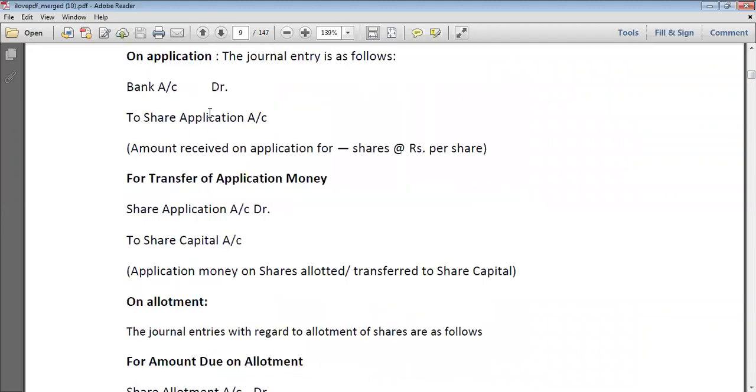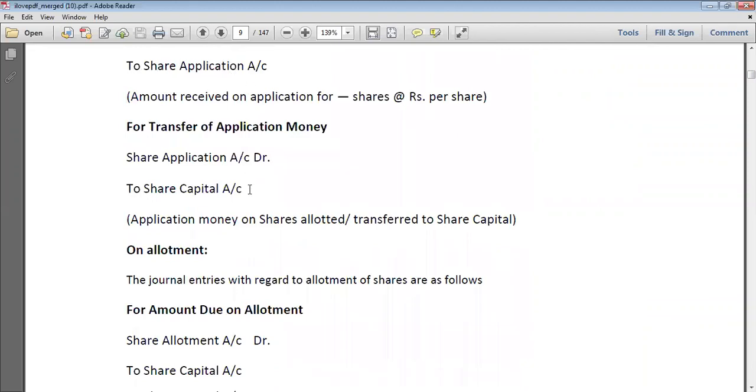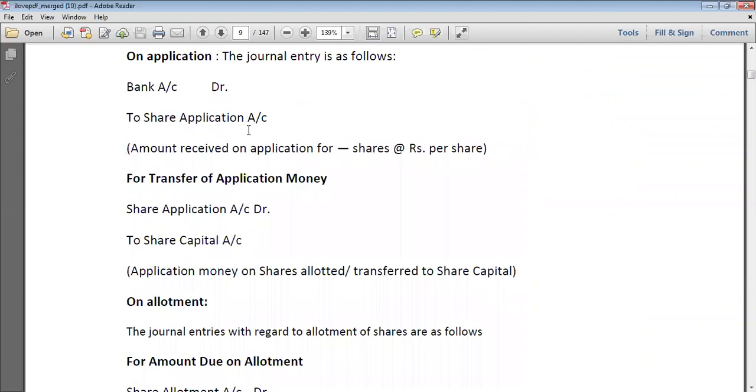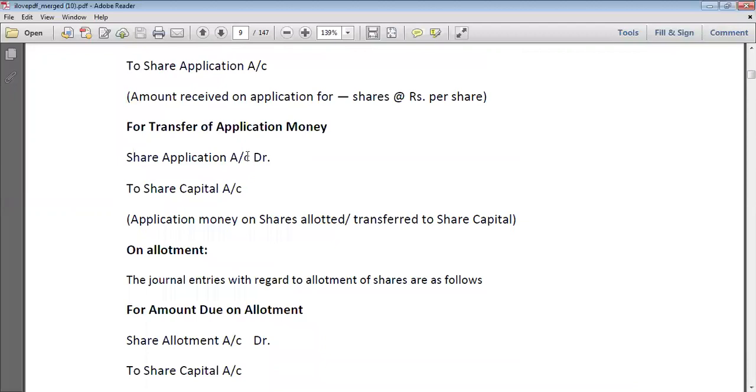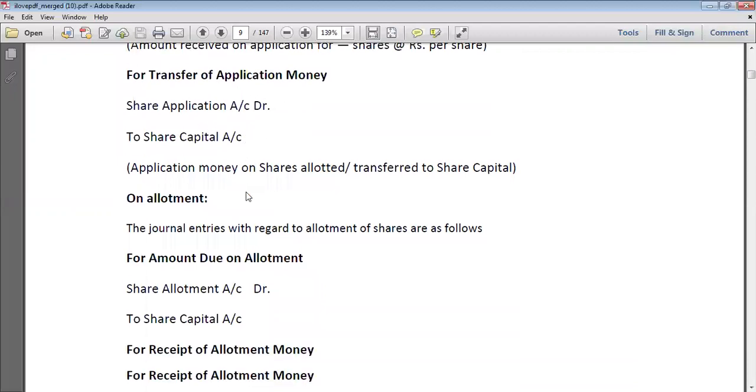Now we have opened the share application account already, so we have to close that account because the company will maintain only a single account, that is the share capital account. So we will close this account, and to close it, we have to transfer the money of the share application account into the share capital account. So on the transfer of application money, what entry will be passed? Share application account debit to share capital.